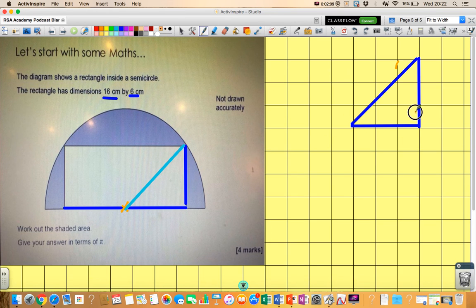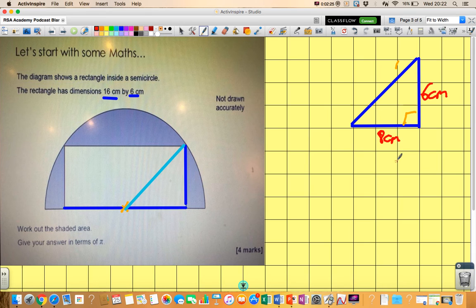So we have the right angle here, and we've already been told that this length here is 6 centimeters, and we've been told that this is 16, so half of that is 8 centimeters.